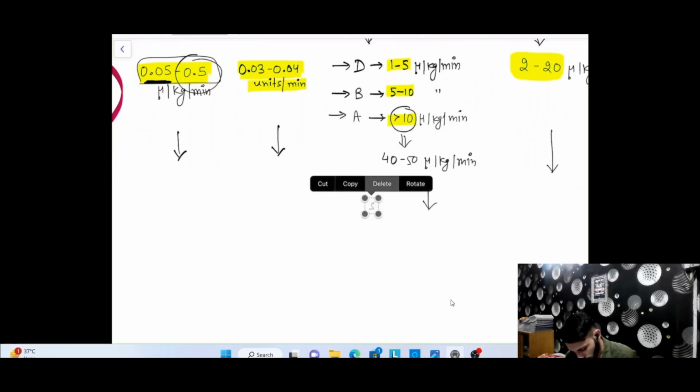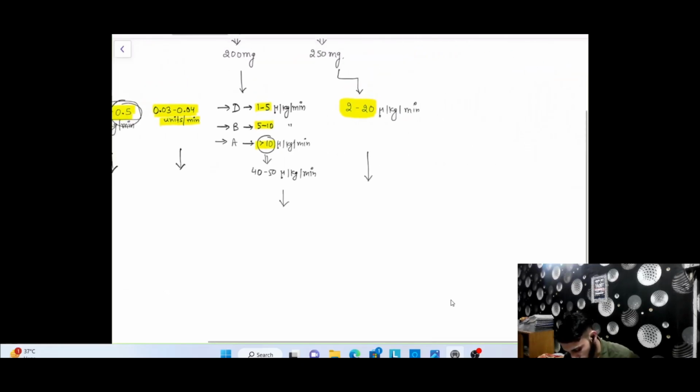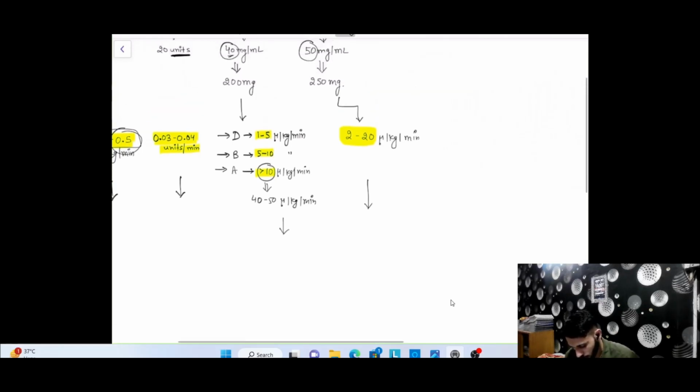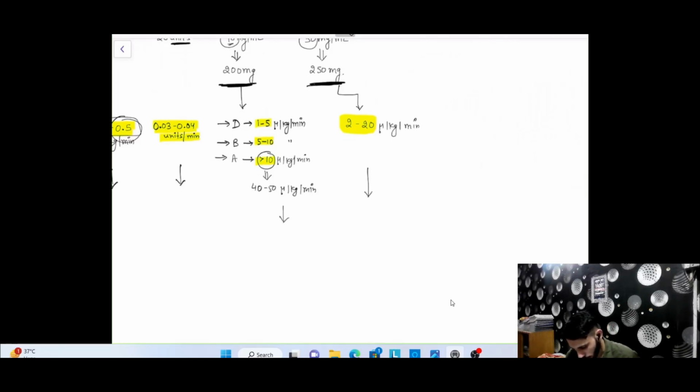And then the last two are dopamine and dobutamine. So how do we dilute them first? As we know, one ampule of this contains 200 mg and this contains 250 mg. Both of them are diluted in 50 ml of NS. So this will become 4 mg per ml and this will become 5 mg per ml.